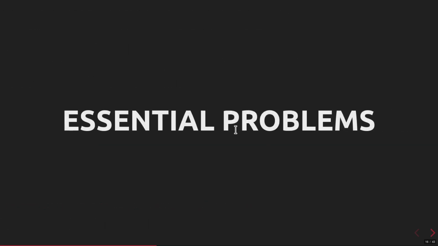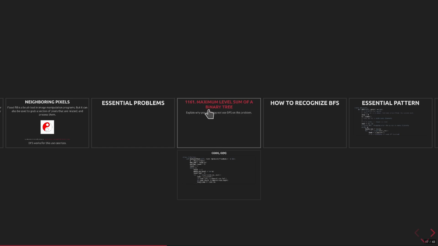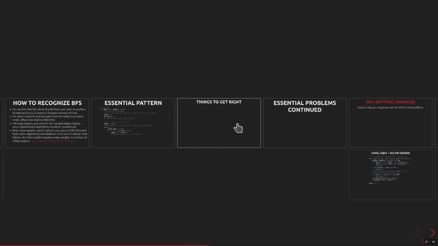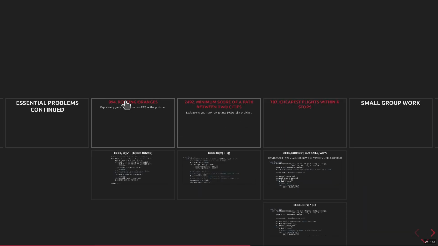I'm going to talk about one essential problem now, and then I'm going to show you the pattern, and then I guess we can take a break, and then I'll come back and show you these two other problems. The problem I'm going to show you is maximum level sum of a binary tree. I'm going to talk about the pattern, things you'll get wrong, and things that you can hopefully get right. And then I definitely want to go through rotting oranges, and I definitely want to go through cheapest flights within k-stops.